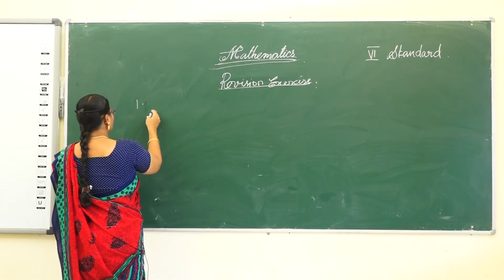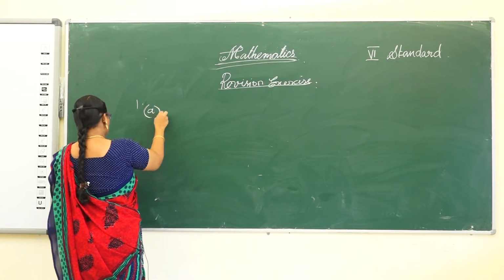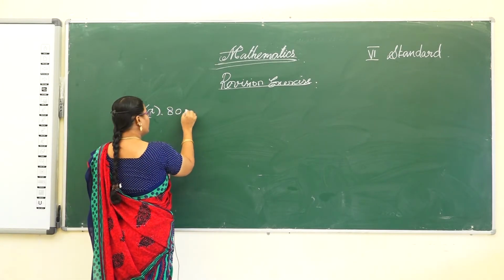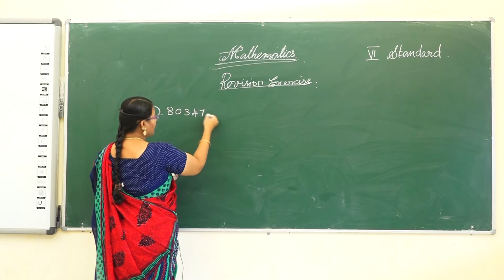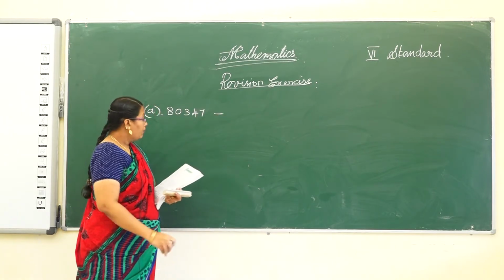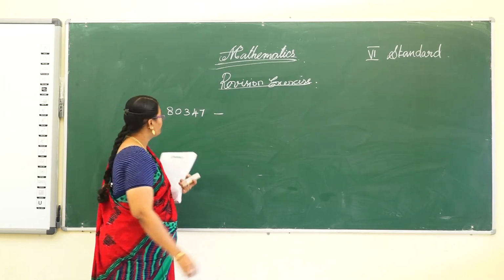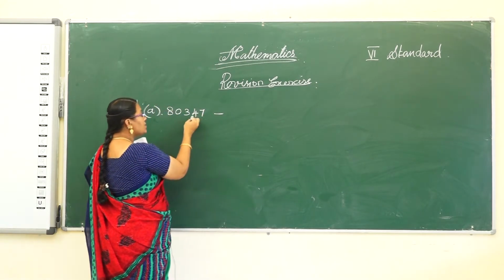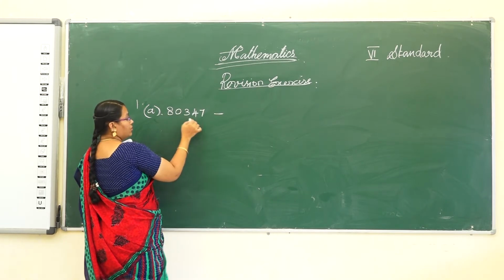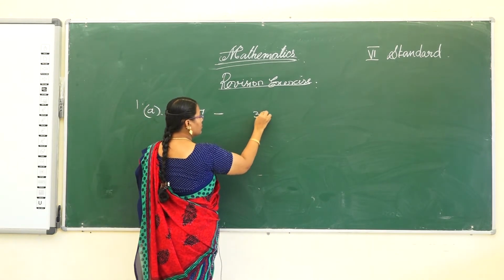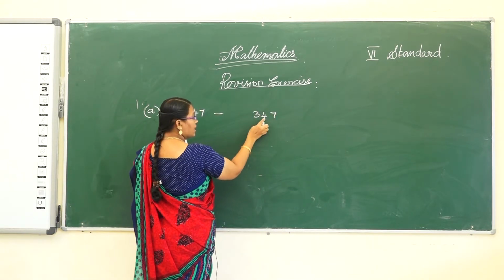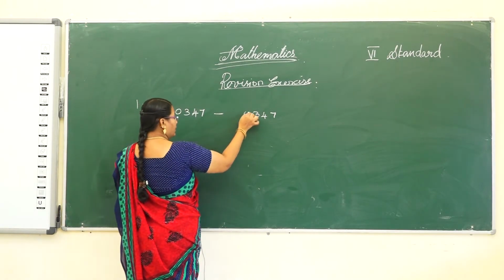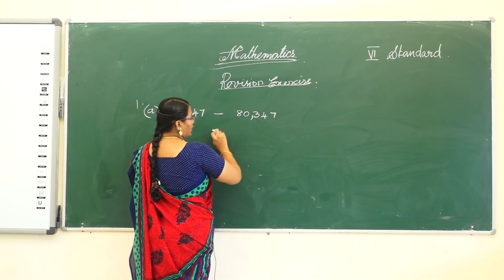First problem, first subdivision A. The value 80347 is given. So how do we put the commas? Ones, tens, hundreds. After the hundreds place we put the comma, after 1000 and 10,000.